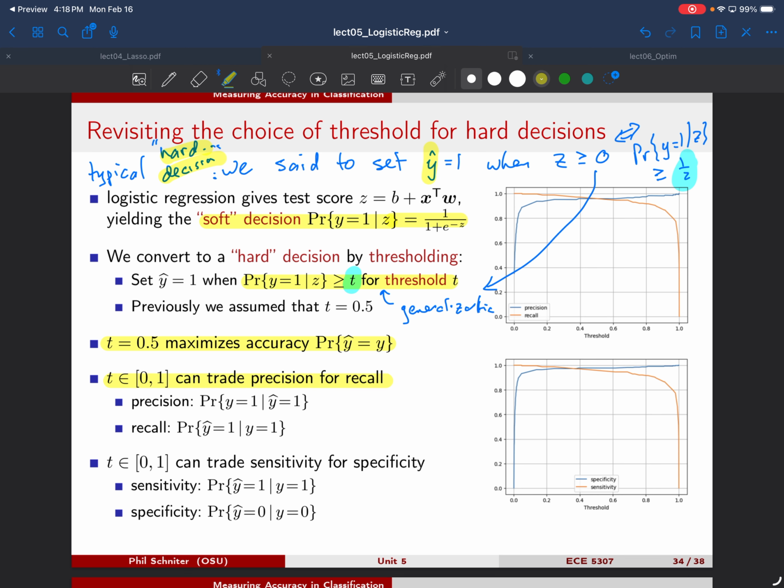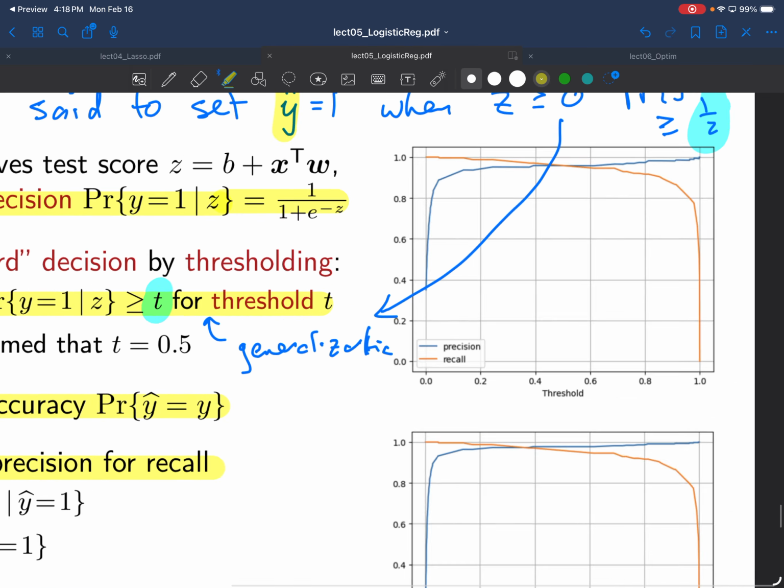So, if you're designing, let's say, a COVID test, and the health department or whoever says we need to somehow balance the false positives and the false negatives, and we're going to do that by specifying your precision must be at least this good and your recall must be at least this good. And so now, by choosing T, you can kind of trade. Here's the plot.